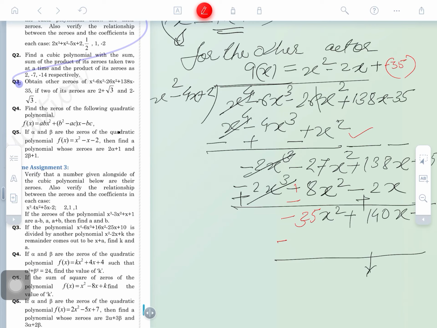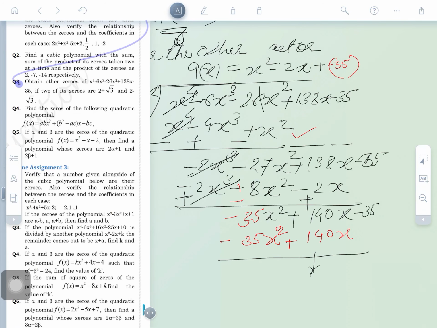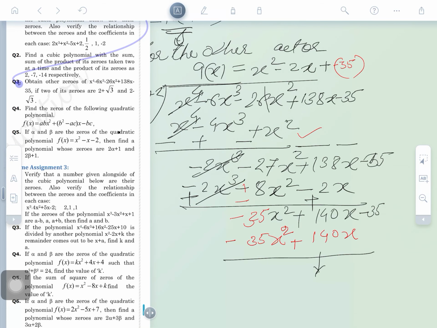And this is to multiply 35x square, and 35 4s are 140x, clear? And next is minus 35, changing sign, plus minus plus, it cancels and cancels. Now 0 remainder is coming.